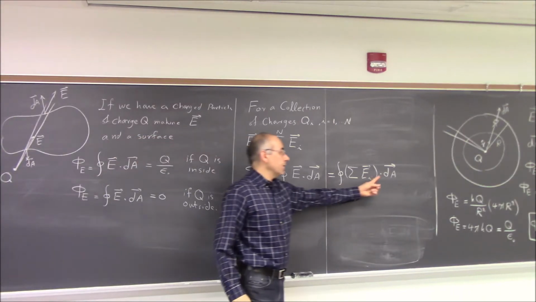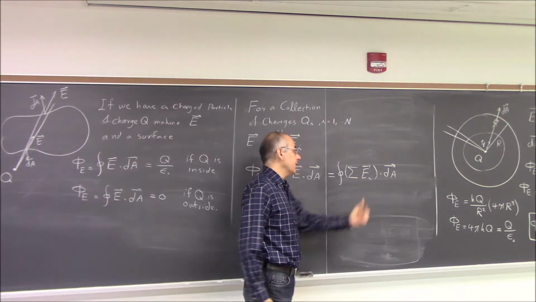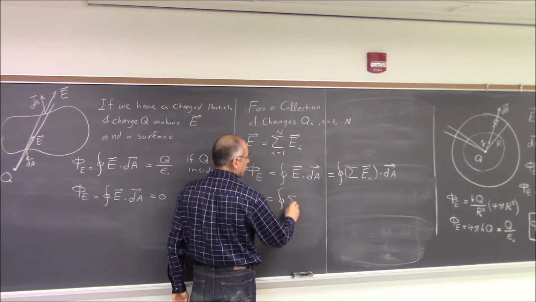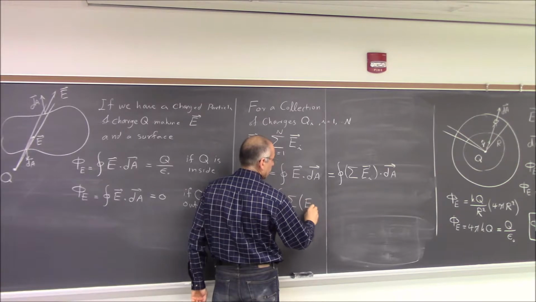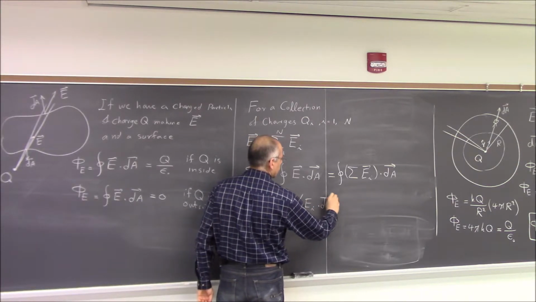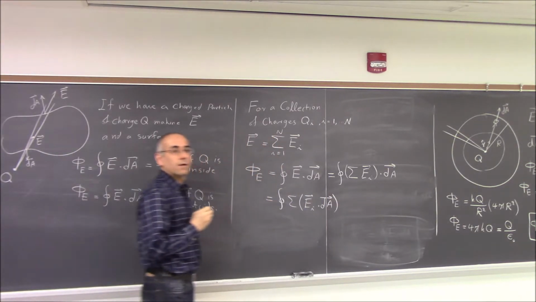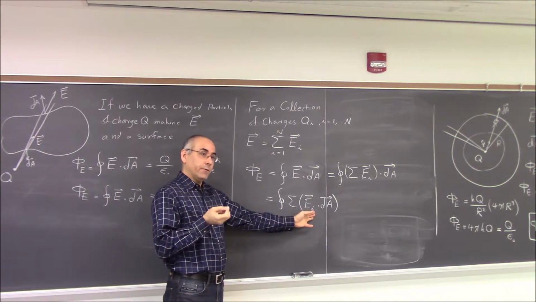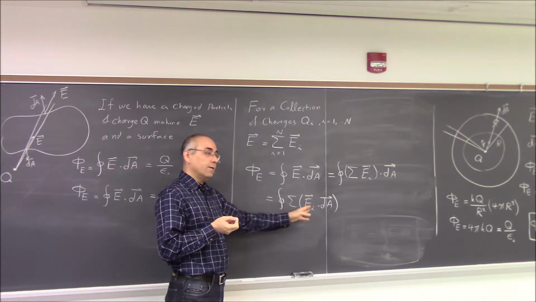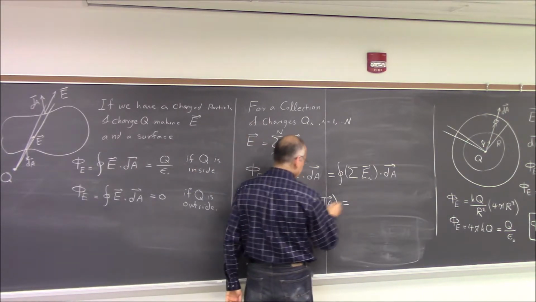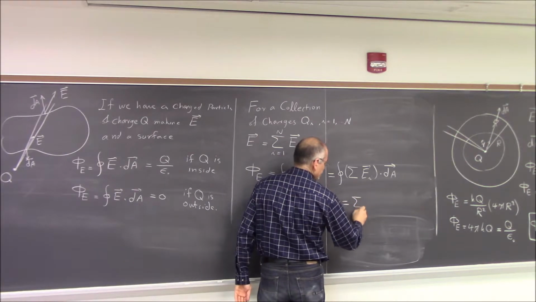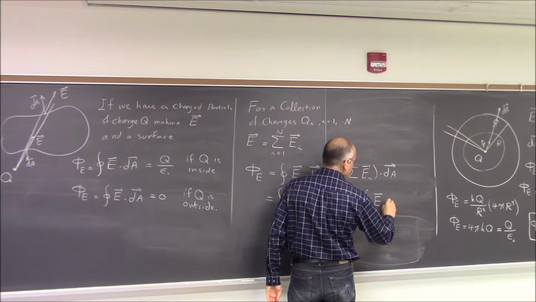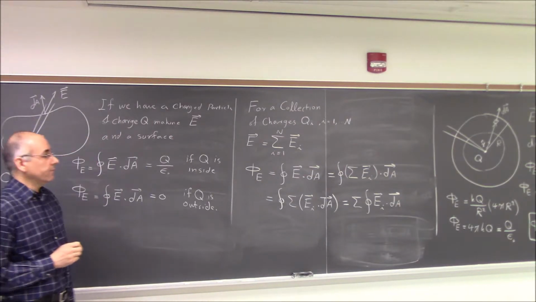But because the dot product is distributive, I can write this as the integral of the sum of Ei dot dA, and because the integral is a linear operator, we can sum all the integrals, right? I can take the summation out. Sum of integrals of Ei dot dA. And what is this?